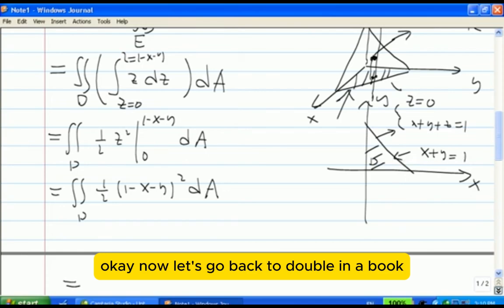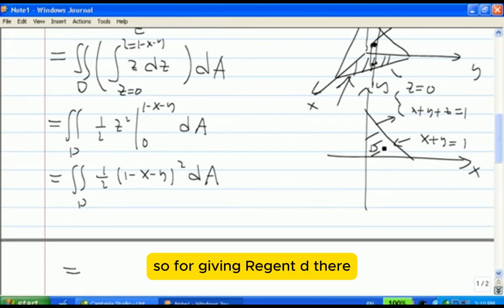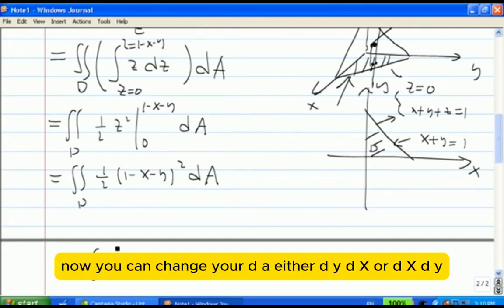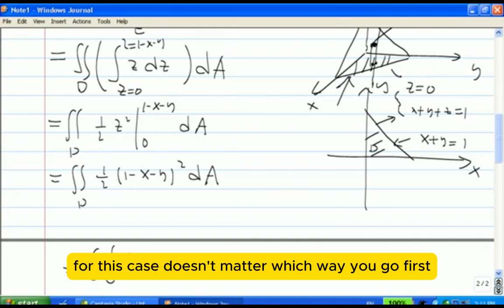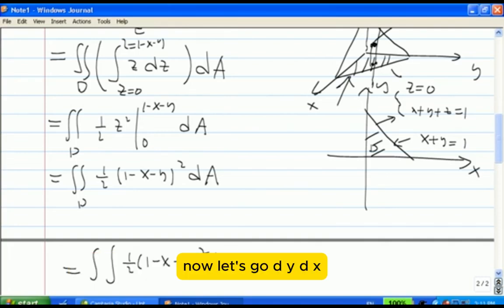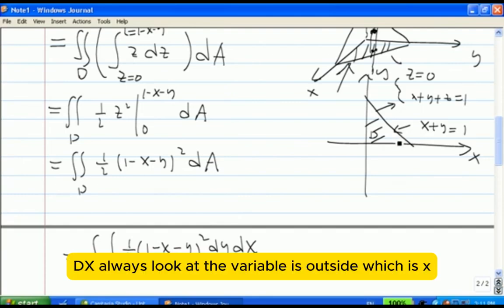Now let's go back to the double integral. For the given region D there, how do we describe this? You can change your dA to either dy dx or dx dy. For this case, it doesn't matter which way you go first. Now let's go dy dx.